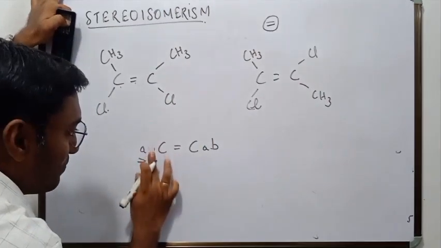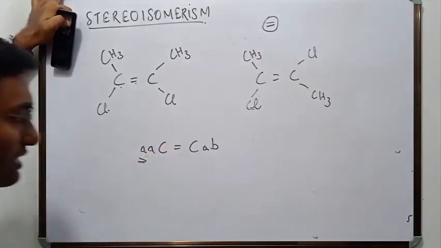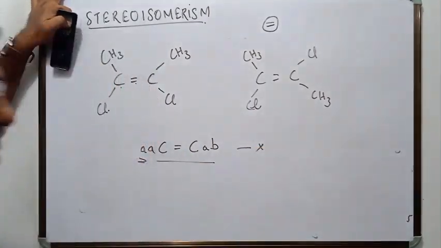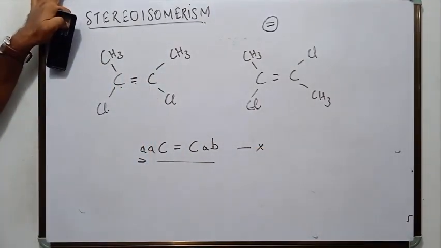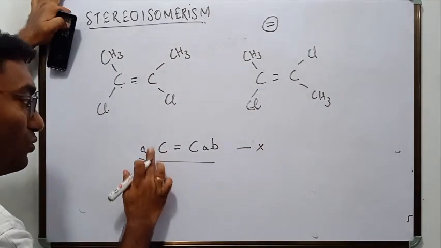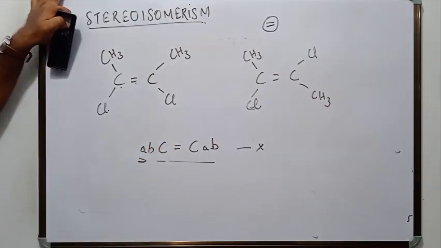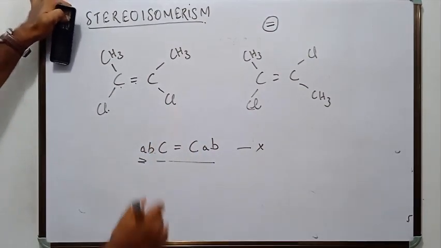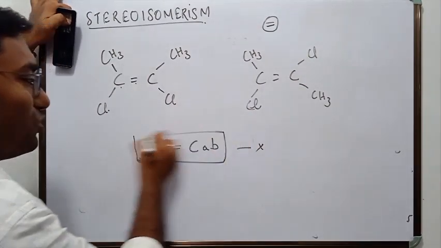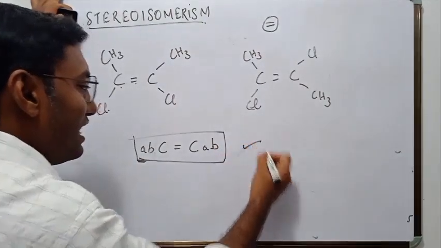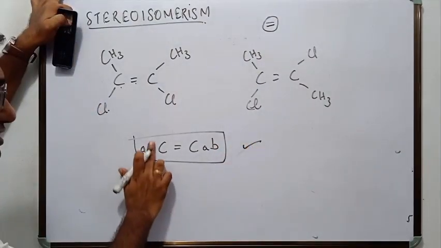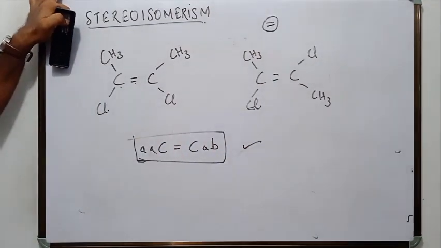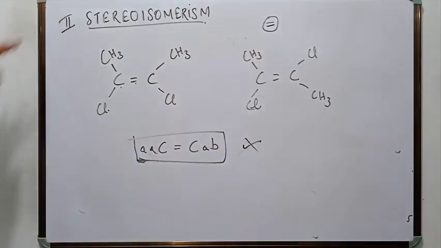Suppose this is the case, then this will not show geometrical isomerism. There should be two different atomic groups on either carbon containing the double bond. So alkenes of this kind would show geometrical isomerism. If there are similar groups on one of the carbon atoms, it would not show geometrical isomerism. You should be very clear about that.